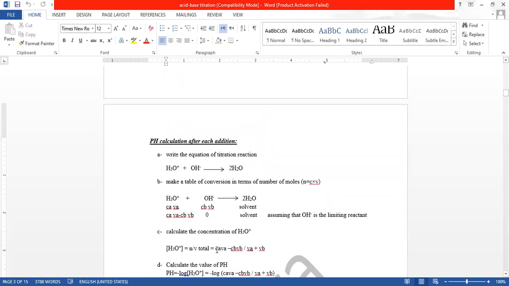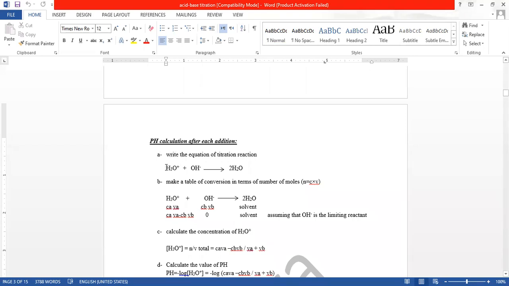The most important part in this chapter is how to calculate the pH after each addition, not only the initial and the limit. I can ask you to determine or to find the pH after each drop at any volume. This is the same as the pH of a mixture.